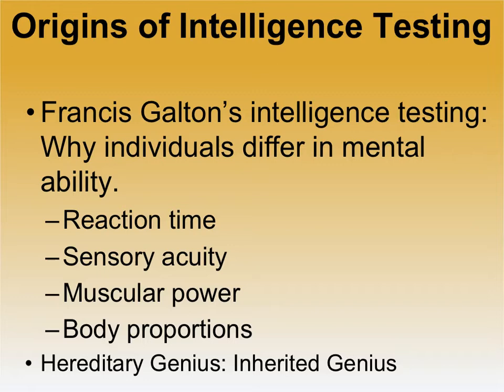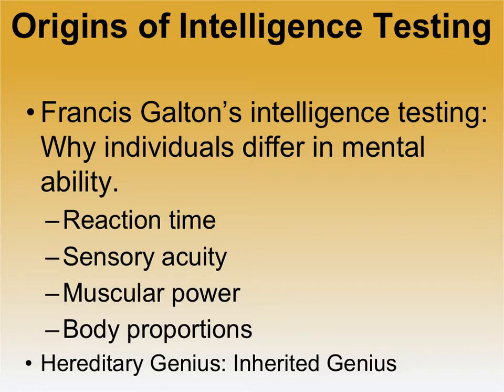All right, so let's talk about the origins of intelligence testing. The first person to try to make an intelligence test, in the mid to late 1800s, was Francis Galton. He wanted to determine why individuals differ in mental ability. His four subscales for his intelligence tests were reaction time, sensory acuity, like how sharp your senses are, muscular power, and body proportions.